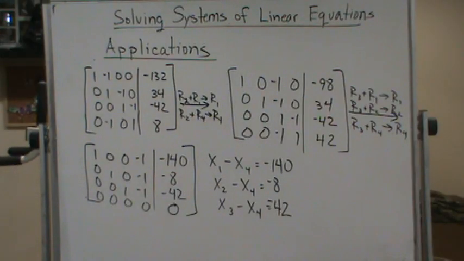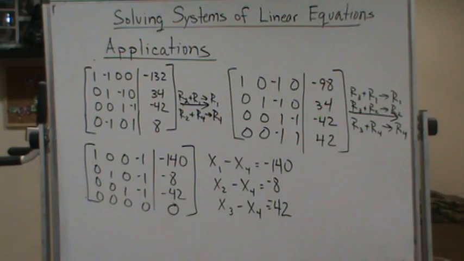And let's see what they want us to do next. All right, now part C says if the traffic between intersections D and A is 260 vehicles per hour.